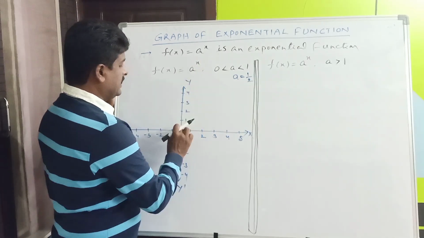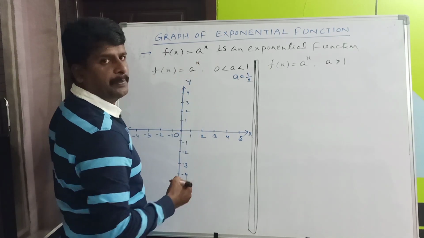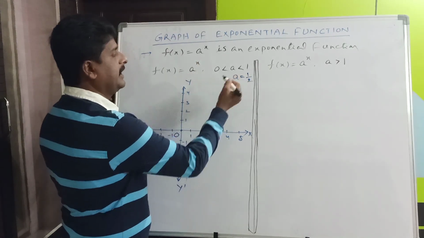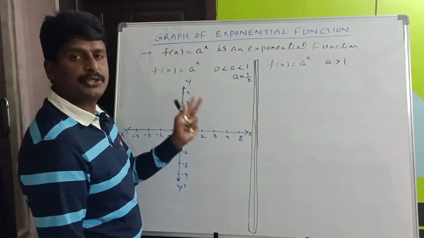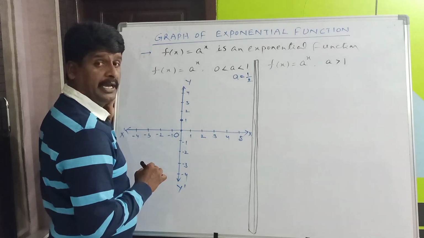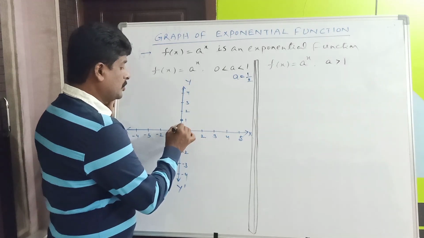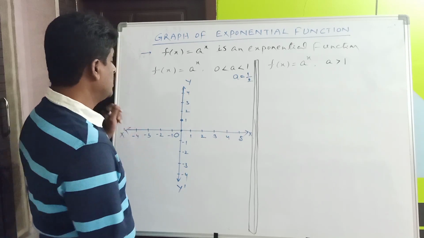For example, when x is 0, this becomes a^0, and as we considered a = 1/2, this is (1/2)^0, that is 1. For x = 0, the corresponding f(x) value is 1.